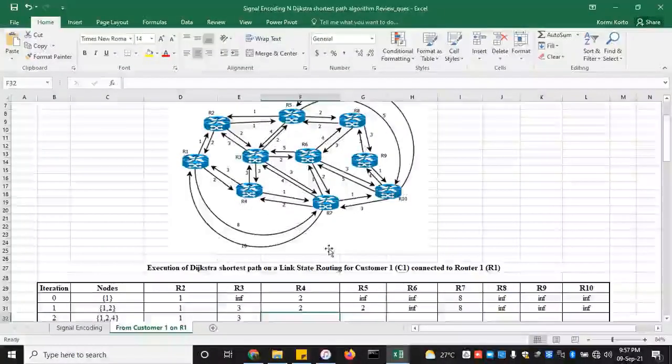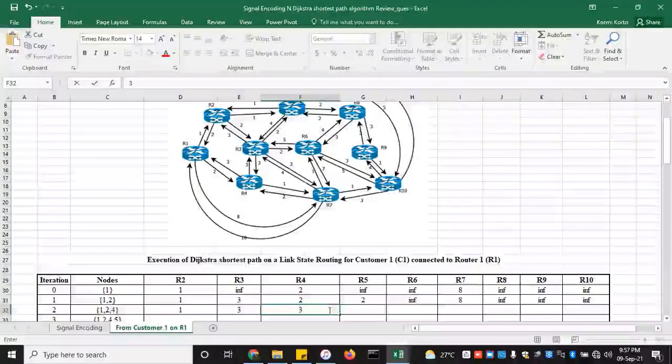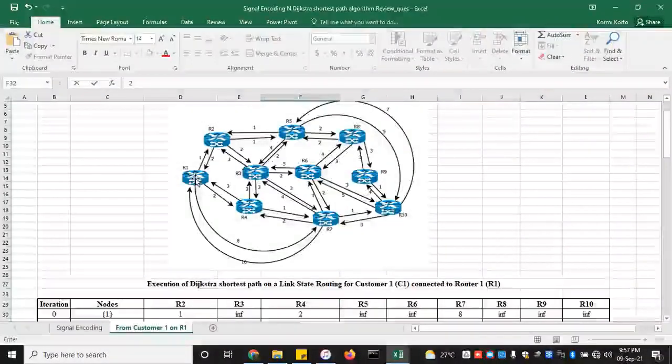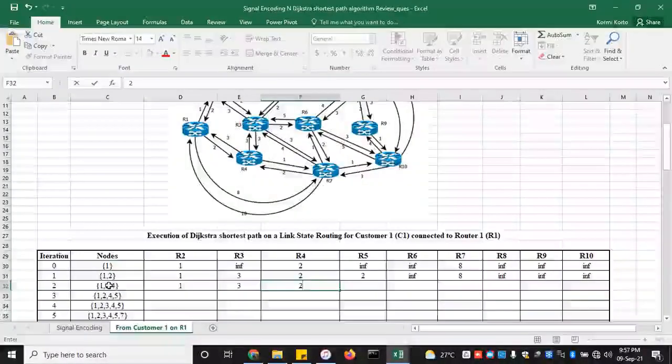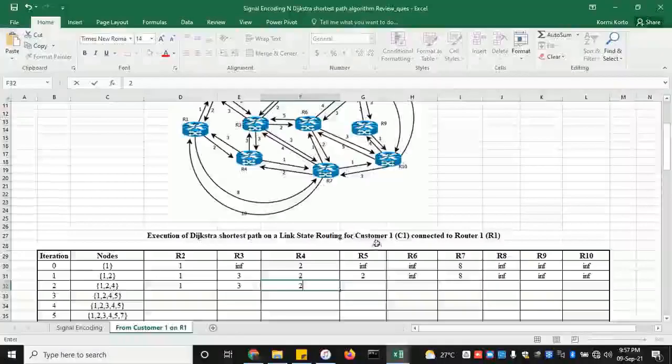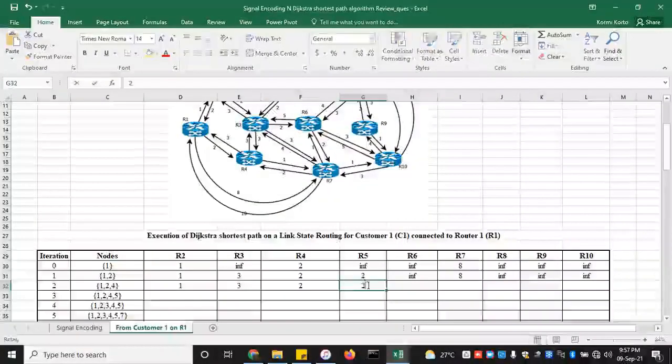So that will still be 2. Sorry, now let's look at 5. 5 will also be 2 because you still have that 1, 2 option, and 4. But you're directly connected to 2 anyway, so you can just go with 1 plus 1, which is 2. So it still remains 2.